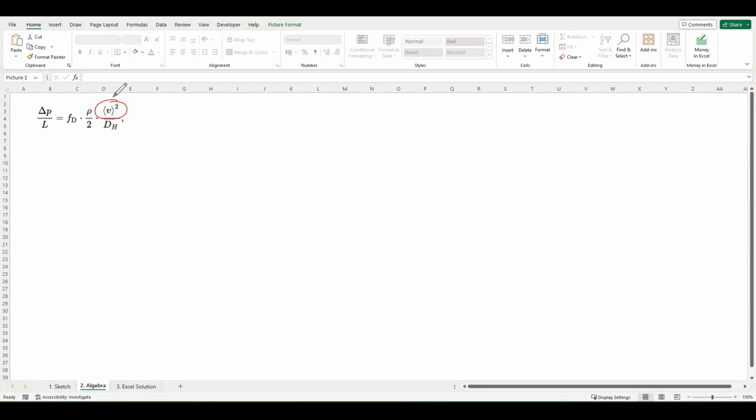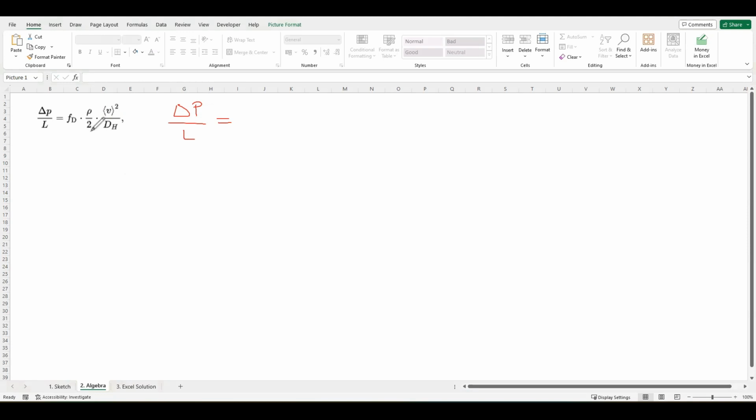Another thing as well is that this is an incomplete form of the Darcy-Weisbach equation. You can extend it to include K values, so that's what we're going to do. First of all, we'll extend it to include K values, and then we'll start working on turning this into volumetric flow. To convert it into K values, essentially we group the density and velocity terms together.